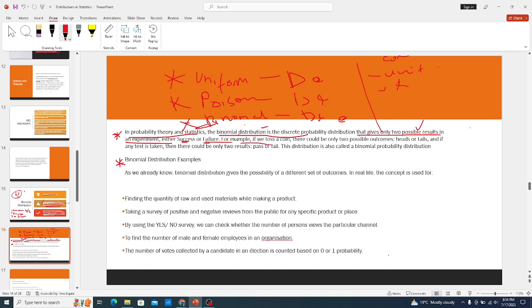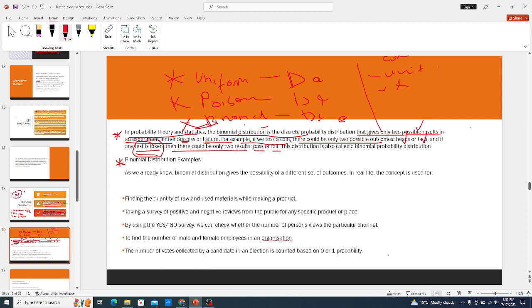For example, if we toss a coin, there could be only two possible outcomes. Either we get a head or a tail. If any test is taken, then there could be only two results, either pass or fail. That is when maybe we are doing the exam test, we could only have two results, a pass or a fail.